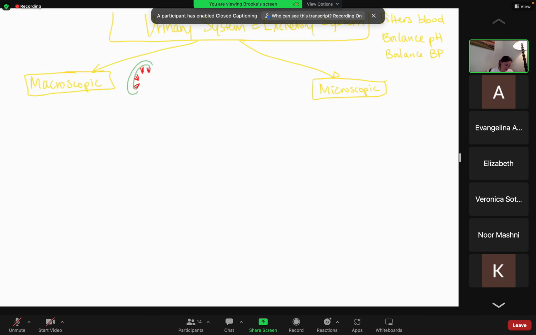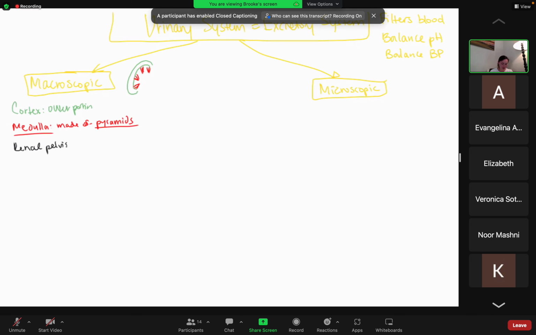You have your cortex. The cortex is that outer portion. The medulla is made of pyramids, right? Each of those little red guys would be a pyramid. And then together they flow into the renal pelvis.